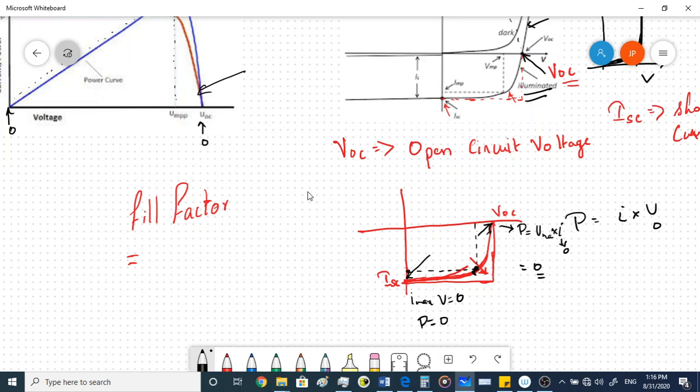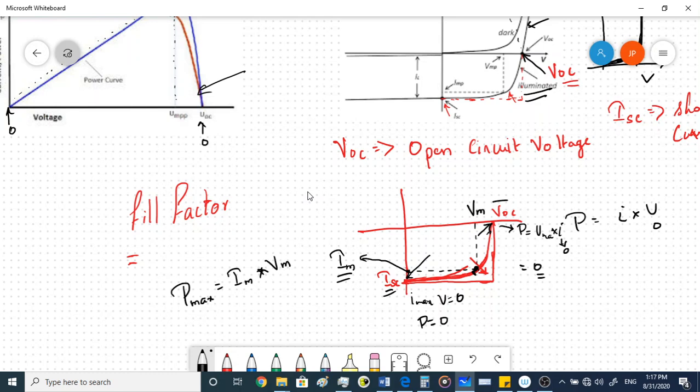So the current corresponding to maximum power can be written as Im, and the voltage corresponding to maximum power can be written as Vm. It can always be observed that Vm will always be less than Voc, and Im will always be less than Isc, right? But the power at this point is the maximum, that is the main point. So Pmax can be written as Im into Vm.